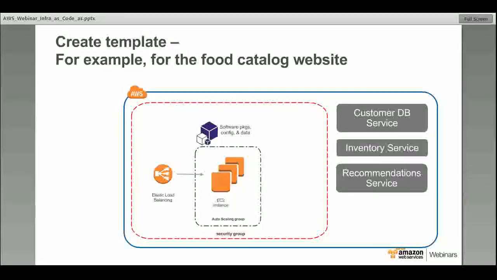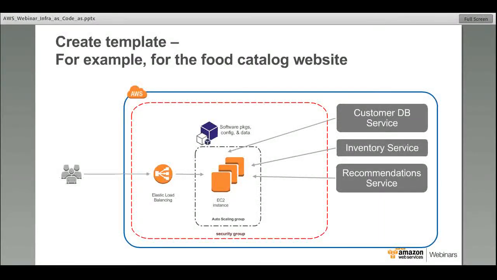There are going to be other services that talk to this food catalog website and send information to it, like information about the customer or the inventory and so on and so forth. So there has to be a way to get that information from those external services into this particular service.